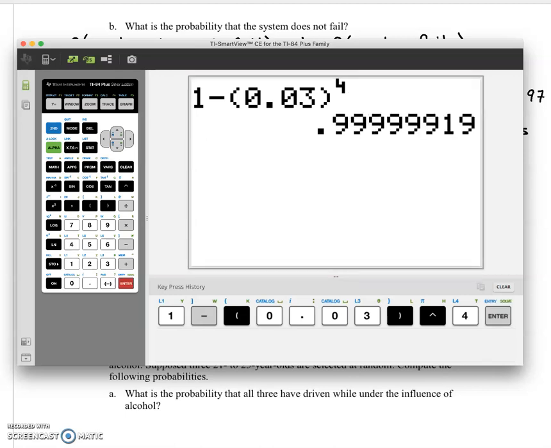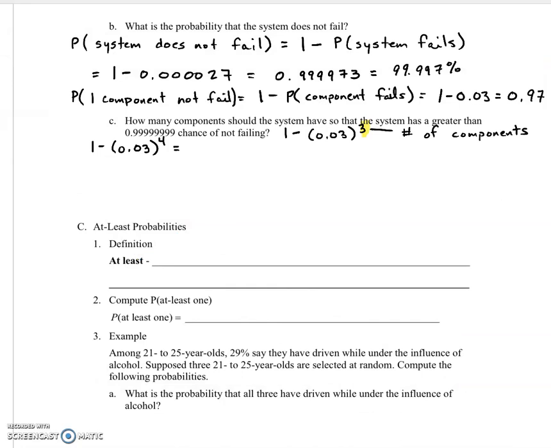And we have 1, 2, 3, 4, 5, 6 nines, and then a 1 9. So that gives us 0.1234. But remember, we need 8 nines. So 4 components is not enough.